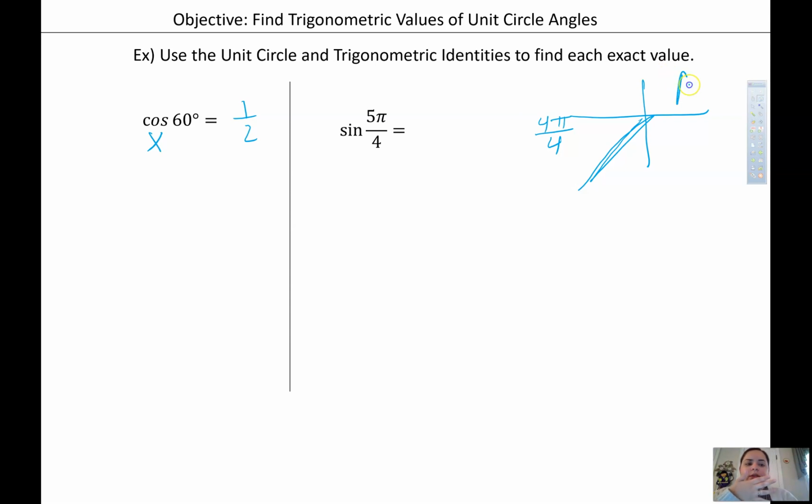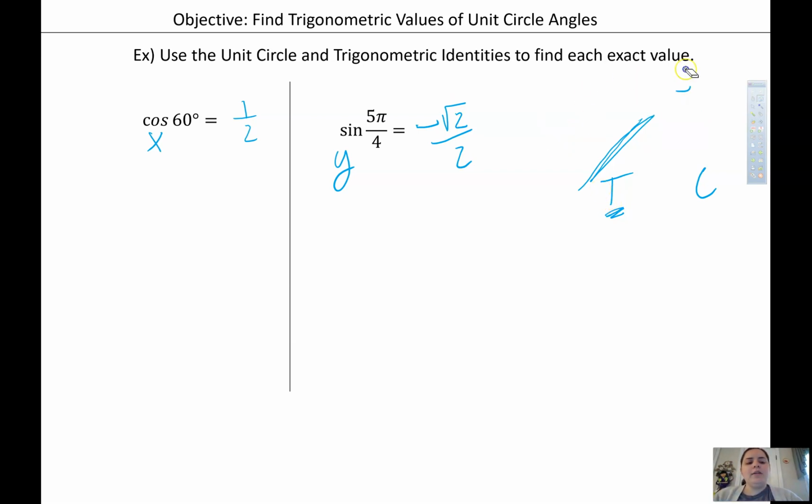And then remember, it's all students take calculus. So tangent is positive, meaning that sine is going to be negative. So the y value is negative at 5 pi over 4. And it's a pi over 4, so bring down your index finger. The y is the bottom, so this is a root 2 over 2 is your answer. And it's negative root 2 over 2 because only tangent is positive here.